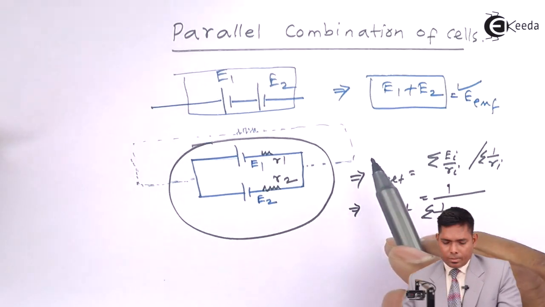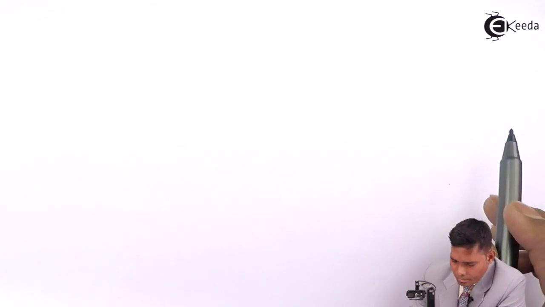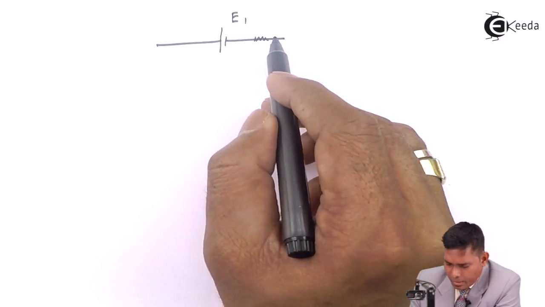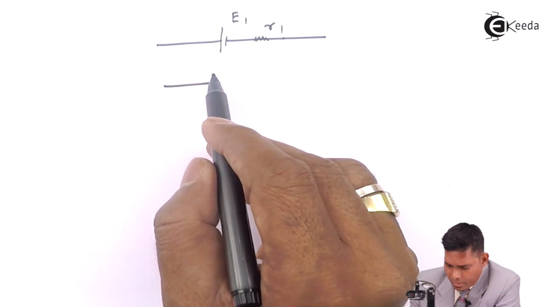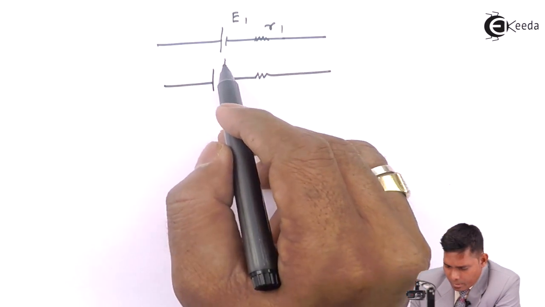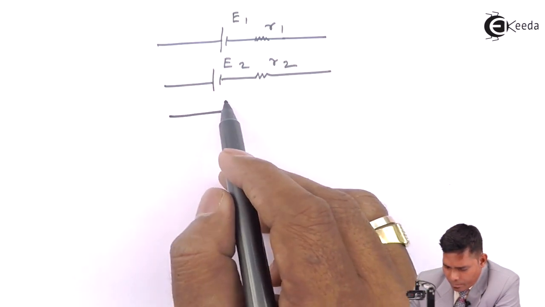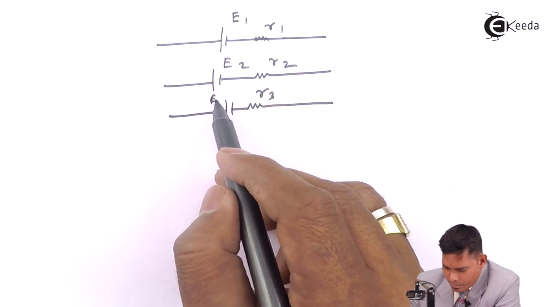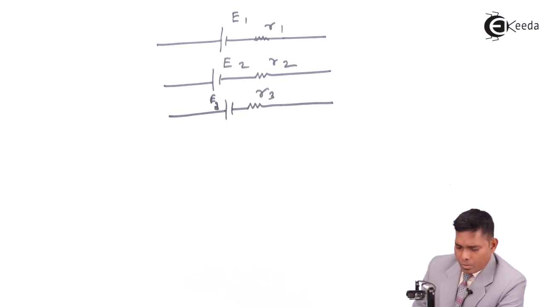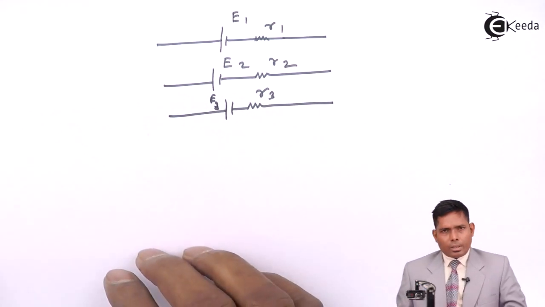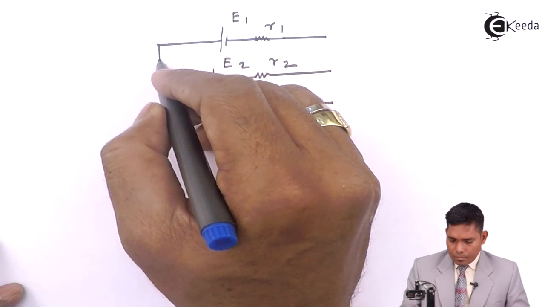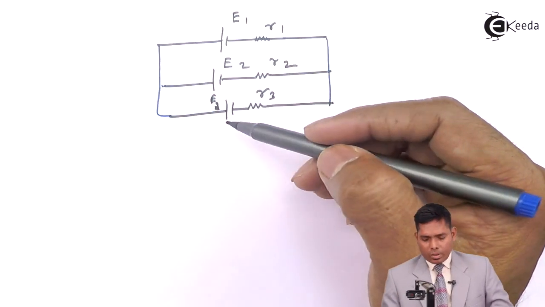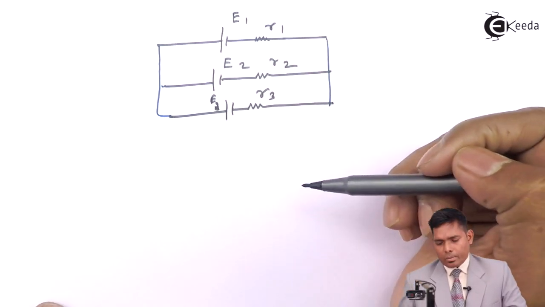What is the meaning of this? Let me explain to you. If I have a cell of EMF E1 and internal resistance R1, suppose there are three cells of EMFs E1, E2, E3 and internal resistance R1, R2, R3.